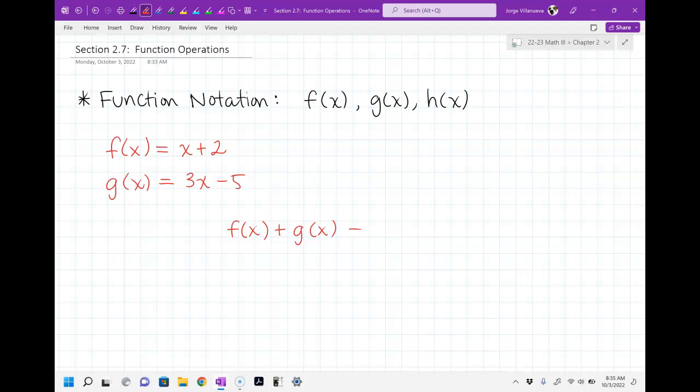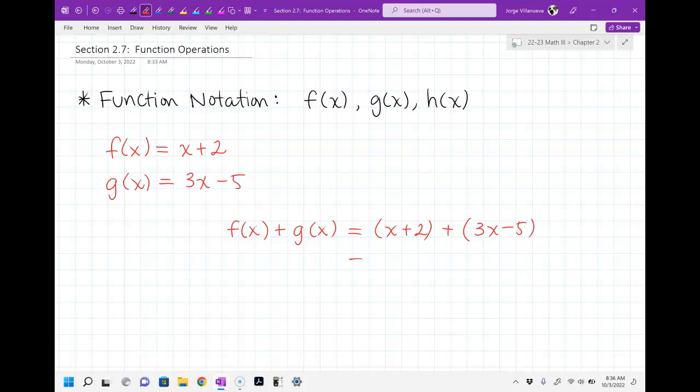What you would do, and again, I'm leaving that space on the left side on purpose so you can see what they're going to try to do in a bit. F of x plus g of x, what I would do is write f of x, which is x plus 2, and then add g of x, which is 3x minus 5. Okay, so there's f of x plus g of x.